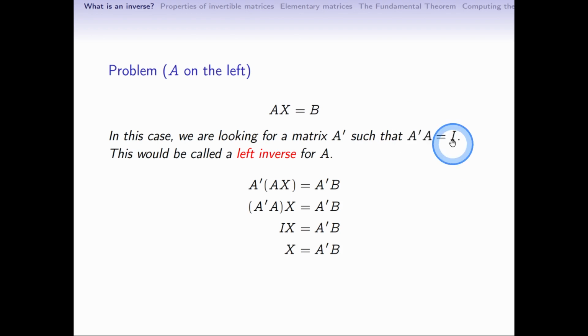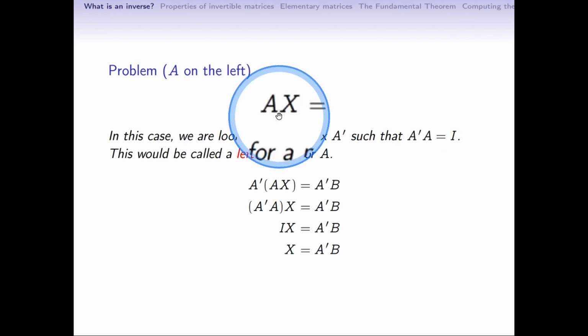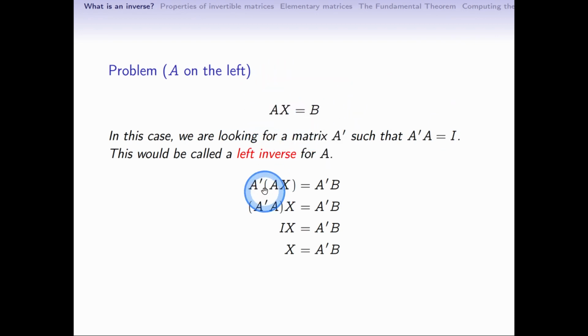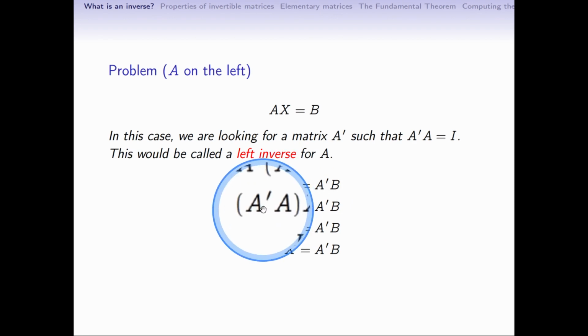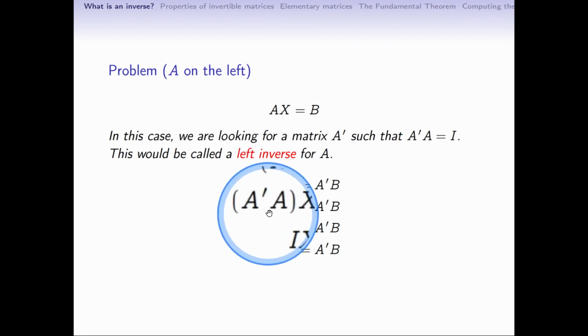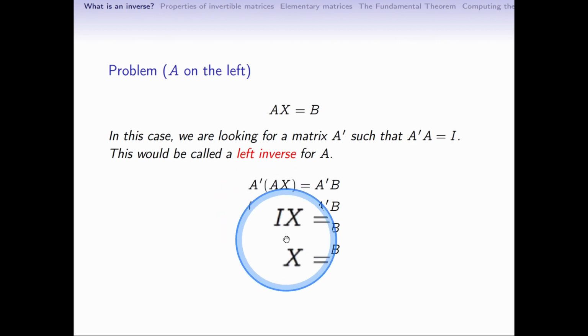All right, now let's see how that can be useful in solving equations. So I can begin with my equation AX equals B, and I can multiply both sides of that equation on the left by A prime. Now, matrix multiplication is associative, so I can pull up these parentheses and reassociate them and think of this now as the multiplication of A prime times A first, and then by X. But because A prime times A is equal to the identity matrix, this is just the identity matrix times X on the left.